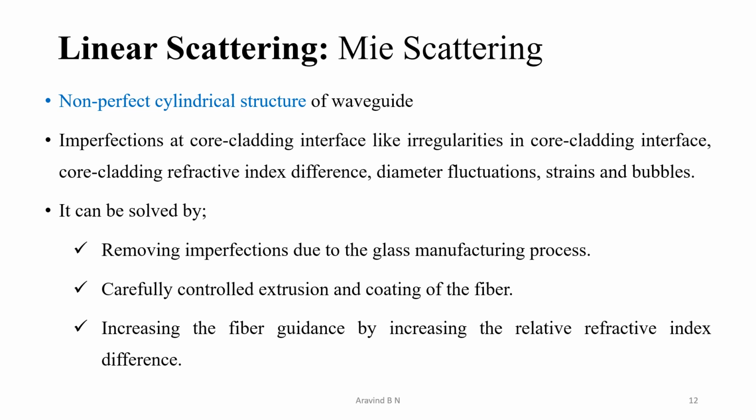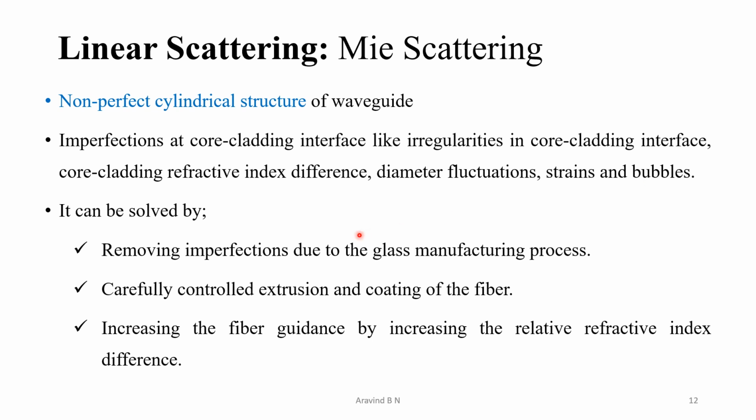Now getting into linear scattering, within that the second one, the Mie scattering. This Mie scattering occurs due to the non-perfect cylindrical structure of the waveguide. Imperfections at the core-cladding interface, such as irregularities, the core-cladding refractive index difference, diameter fluctuations, strains and bubbles are responsible for scattering.